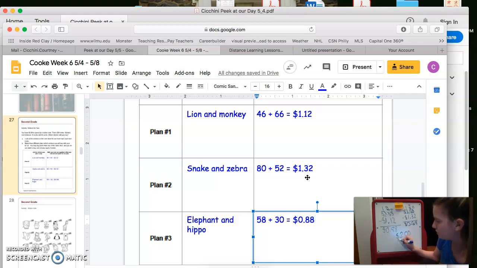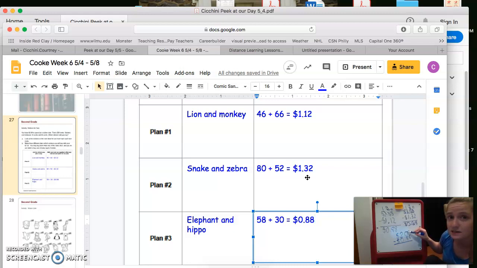I have $2. I spent 88 cents. I'm going to subtract because this is how much I had. This is how much it costs. And now I'm trying to find my change. So I can't do 0 minus 8. I go next door, ungroup.